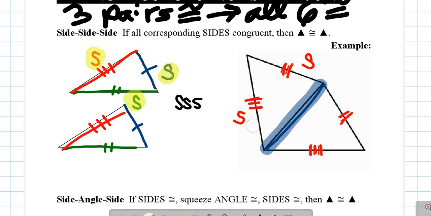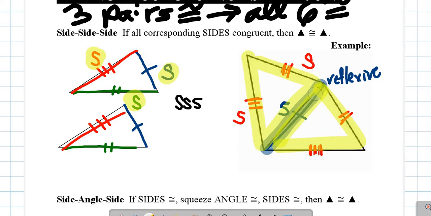It's the exact same side, so we say it's congruent to itself. That's called the reflexive property. So this triangle here and this triangle here are demonstrating side, side, side congruency.